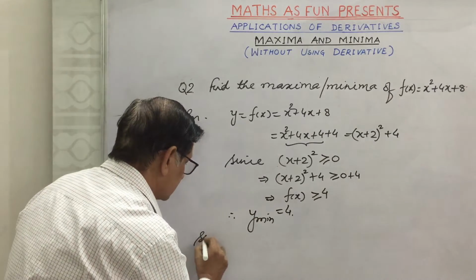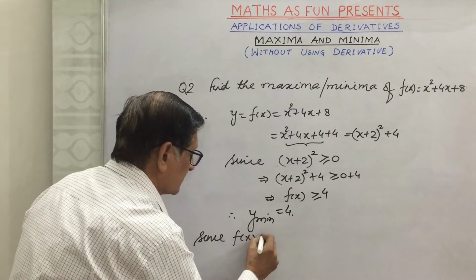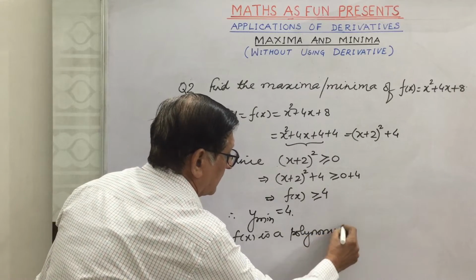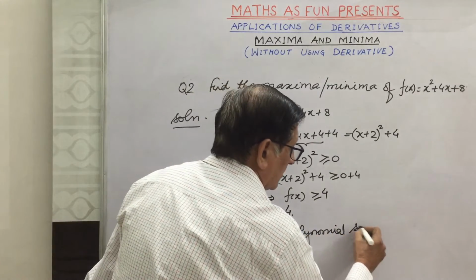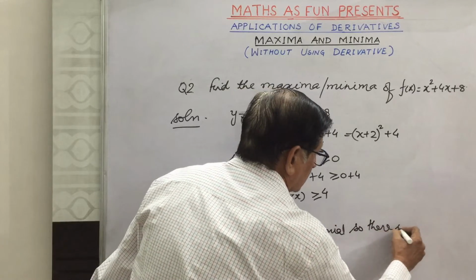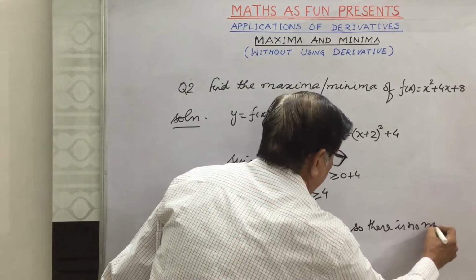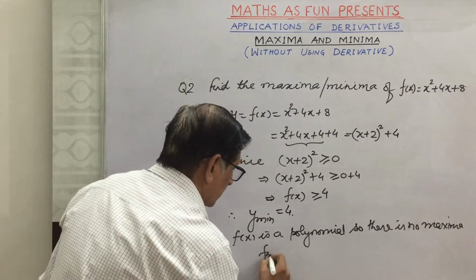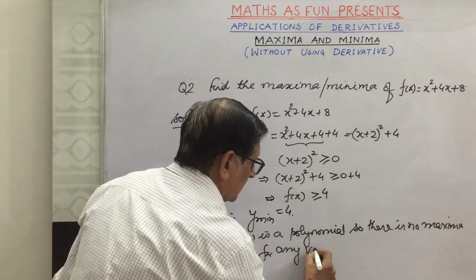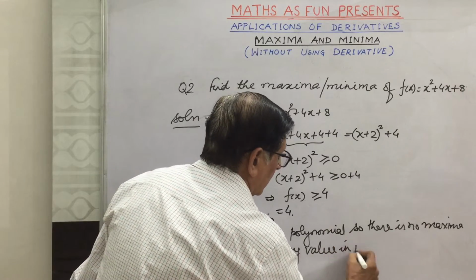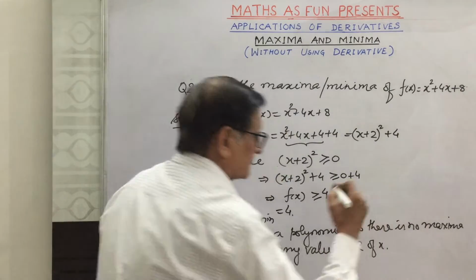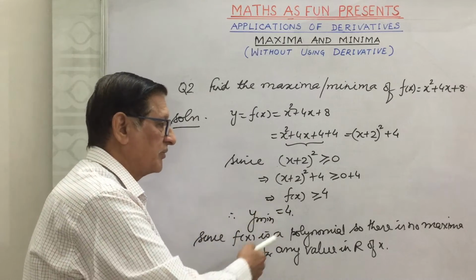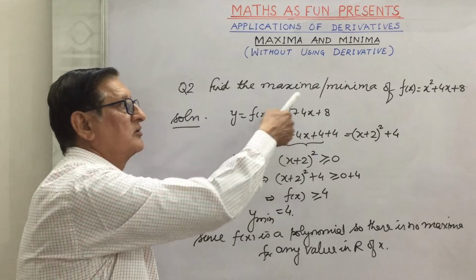So we can write, since f(x) is a polynomial, there is no maxima for any value in R of x. Like this we can find the maximum and minimum value of a function which is in the form of a polynomial.